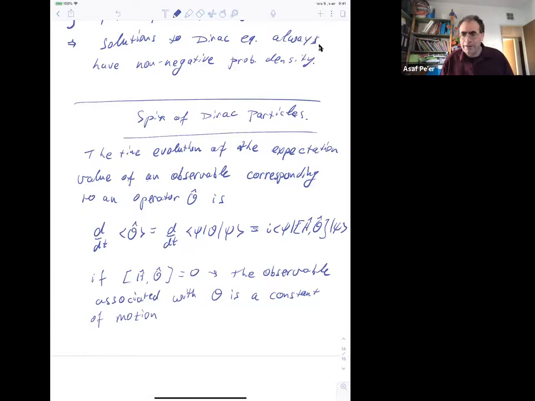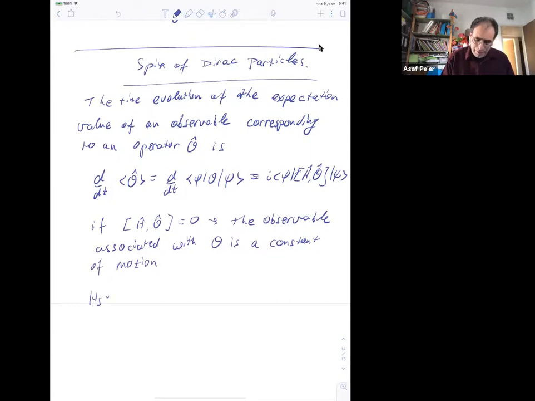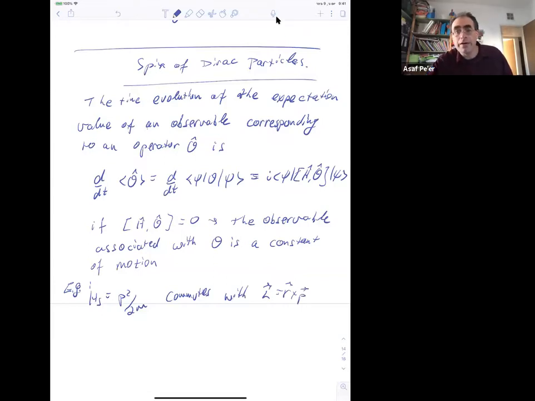For example, the Hamiltonian of a free particle in Schrodinger's equation, H Schrodinger, is P squared over 2m. Forget about the potential V. Now this commutes with the angular momentum operator. And that means that the angular momentum is a conserved quantity in quantum mechanics, the same way as it is conserved in classical mechanics.